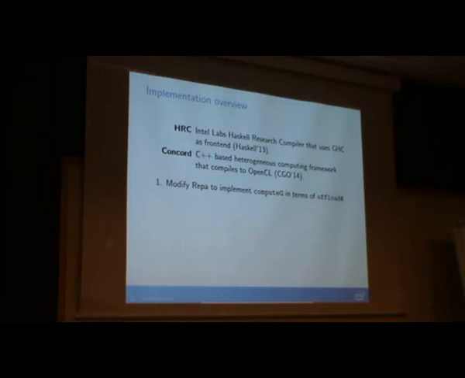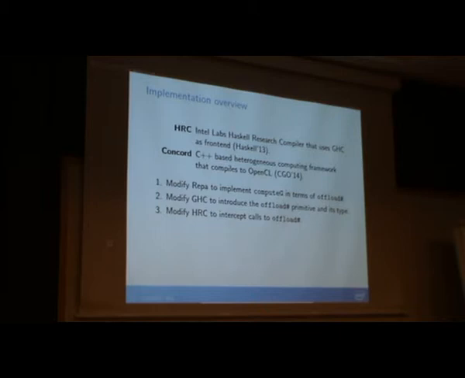So first we modify Repa to implement compute G in terms of the offload primitive. Then we modify GHC to introduce the type of this primitive and leave out the implementation, because eventually we want to catch this primitive in our HRC compiler backend.